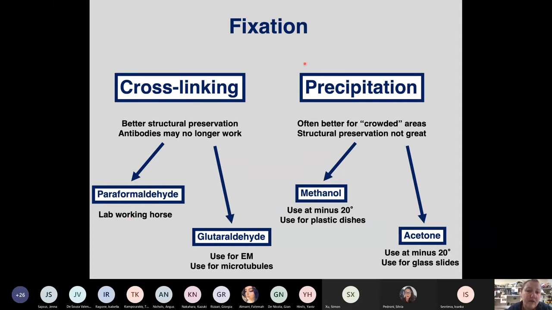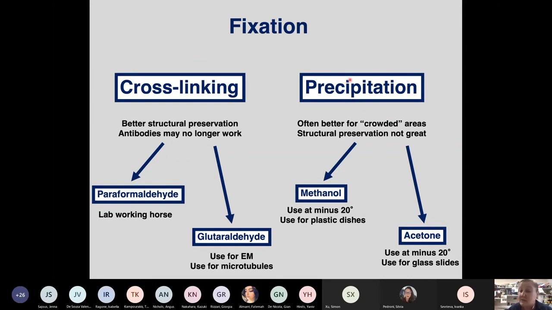Initially, when you're, for example, validating newly produced monoclonal antibodies, you will usually not do cross-linking fixation, but you will use precipitation. For your screens, you will just do methanol fixation because it's more gentle. That means more antibodies survive the screening and will work.